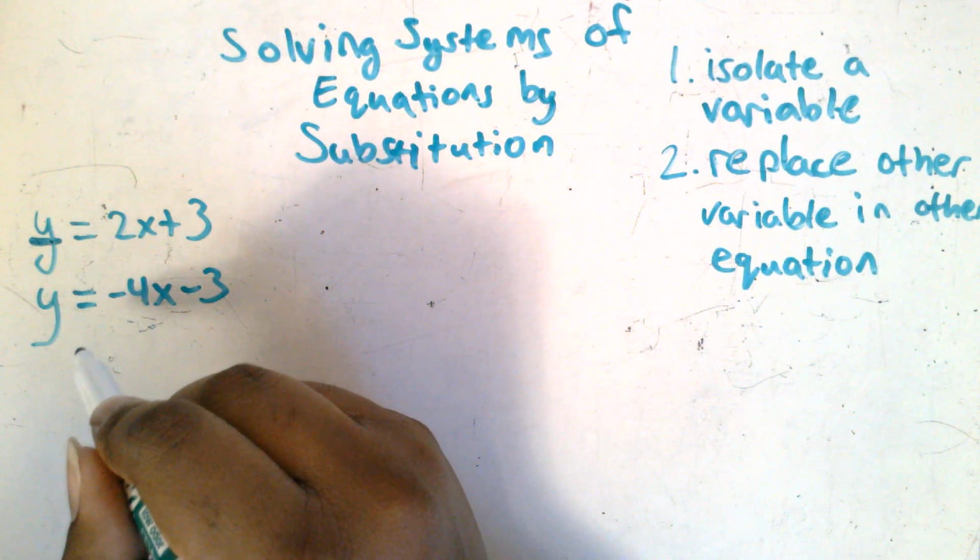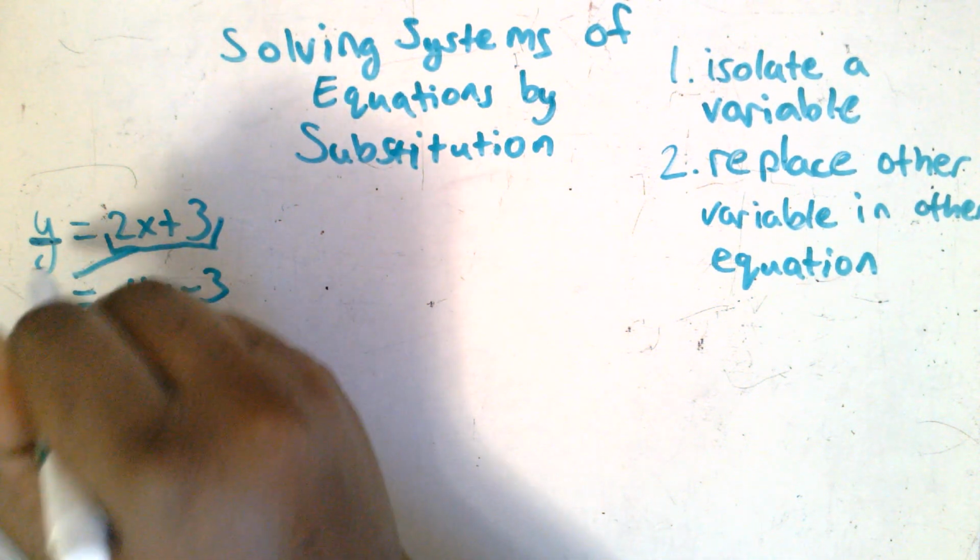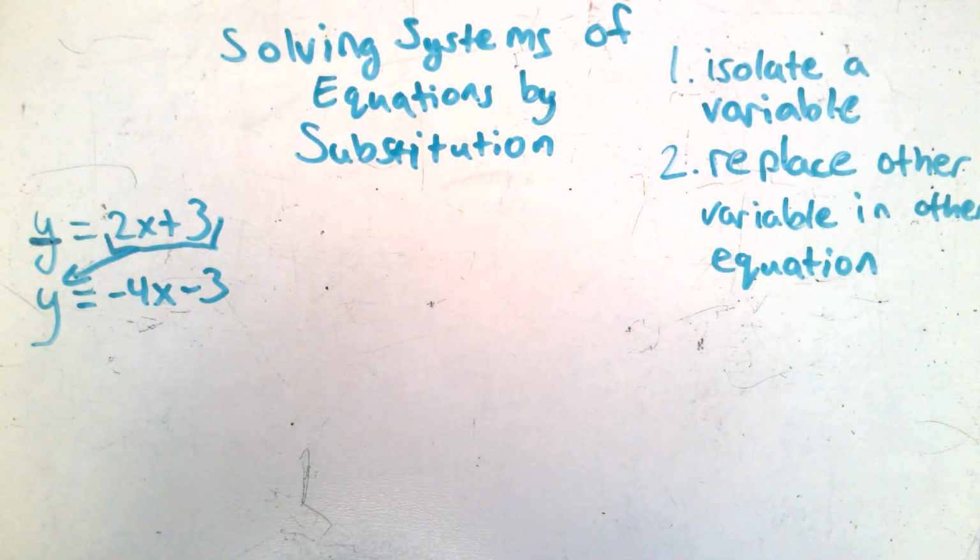And so what we're going to do is replace this y with what it equals. That's what step 2 is all about, figuring out how to set up our substitution problem. Our answer is going to be in terms of our coordinate points.